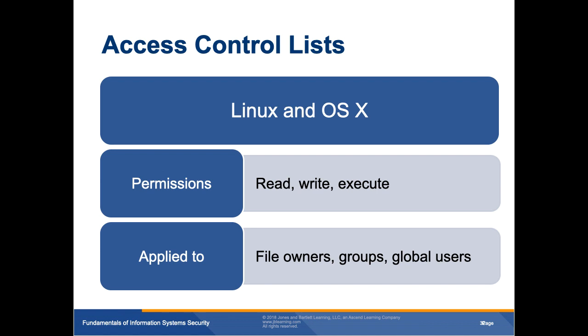And then those each have either read, write, or execute. So there are only 9 permissions on every file in a Linux or Mac machine. Read, write, execute, read, write, execute, and read, write, execute. So that's how access is controlled on Linux and OS X.